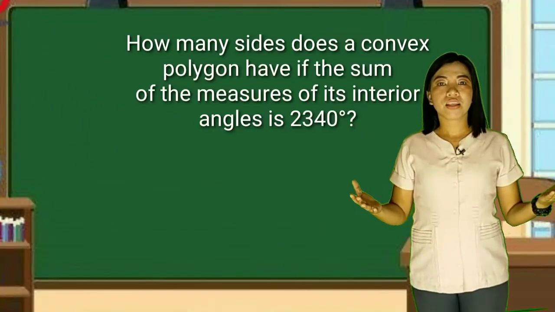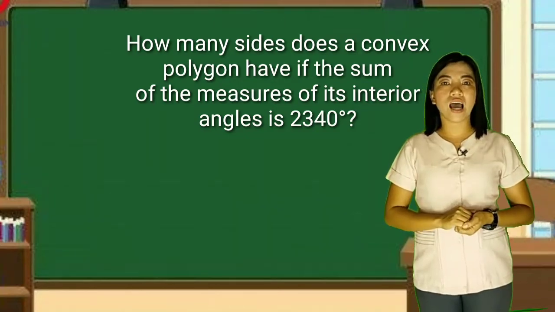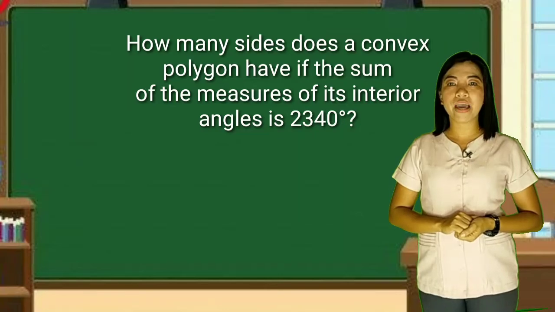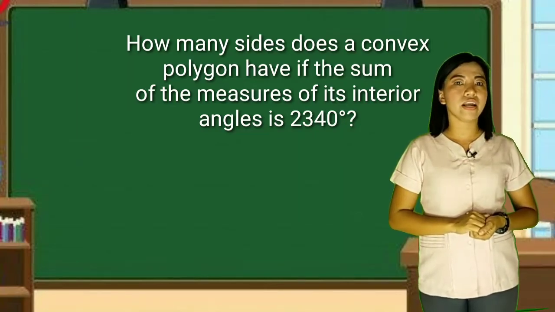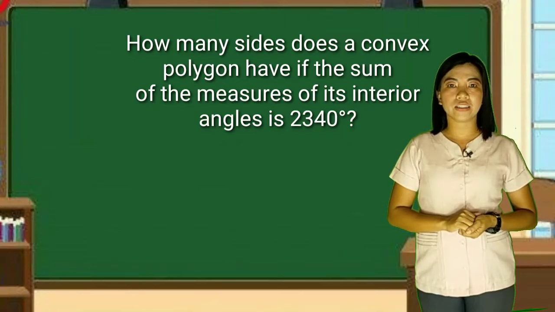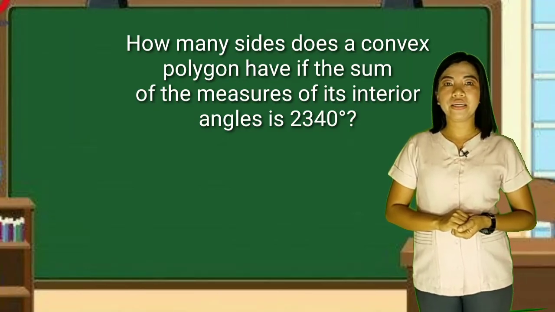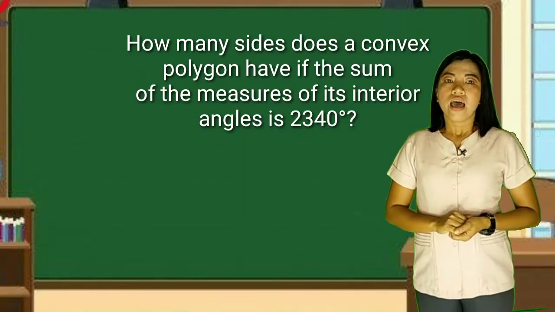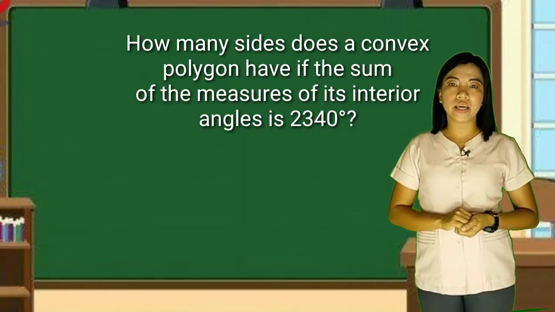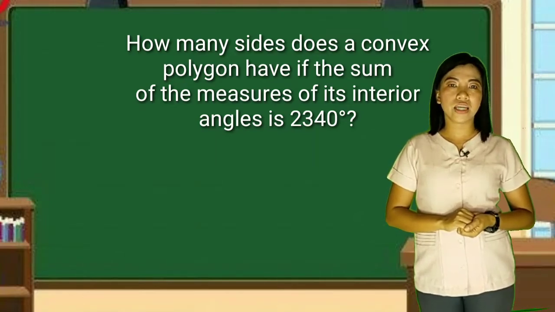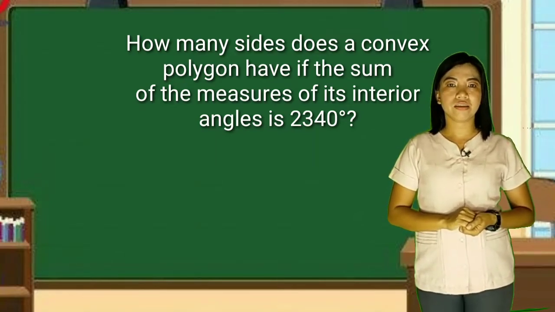The first problem is, how many sides does a convex polygon have if the sum of the measures of its interior angles is 2,340 degrees? I repeat, how many sides does a convex polygon have if the sum of the measures of its interior angles is 2,340 degrees? Your time starts now.